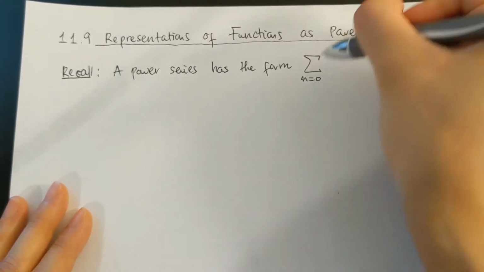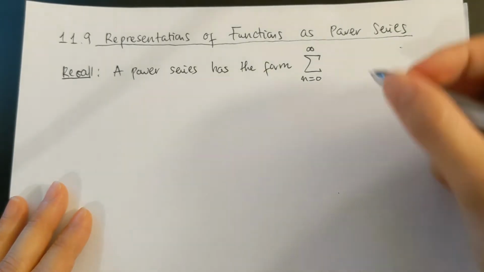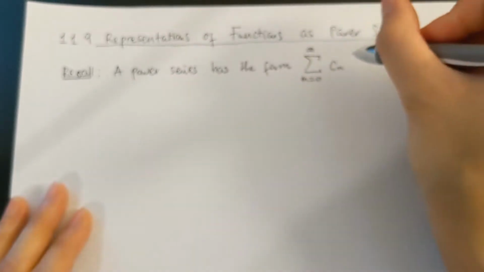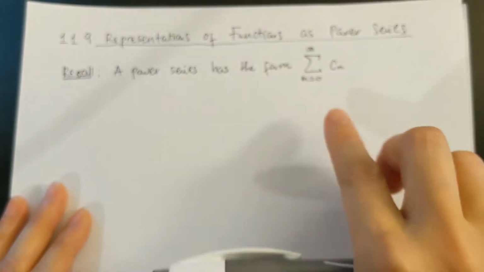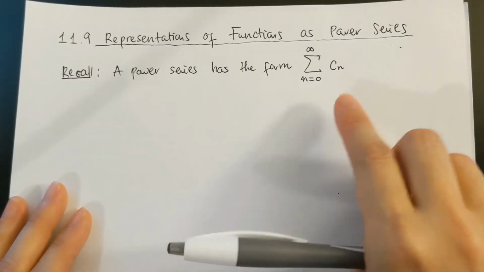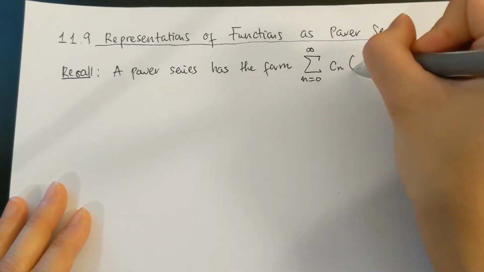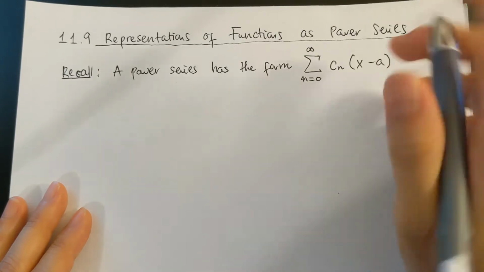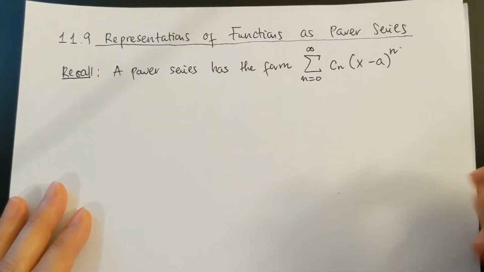So this is the general form of power series. It has a coefficient Cn, and power series is depending on the variable x, centered at a specific number a, raised to some power n.